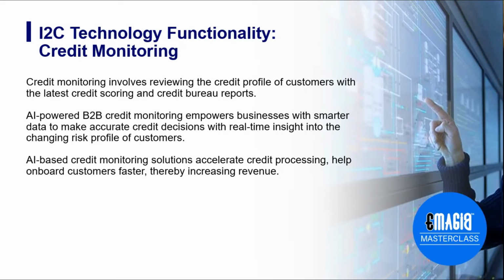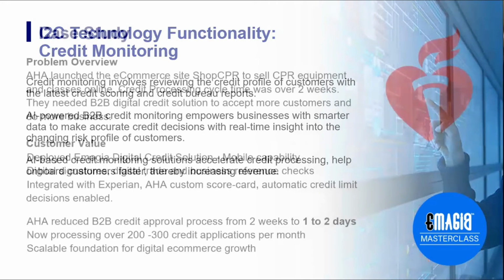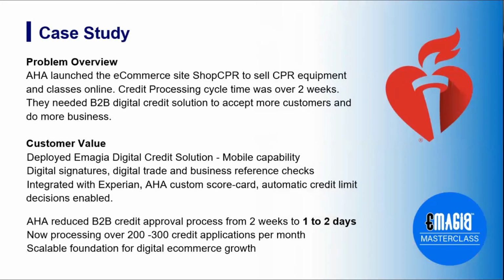Raise it, lower it, good as is, approved. So a huge labor savings there, huge automation content. So those were 6 functions where the new I2C technology, AI-powered, embodied in digital assistants, has really helped the invoice-to-cash process.